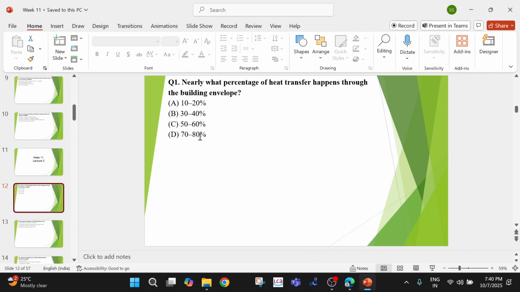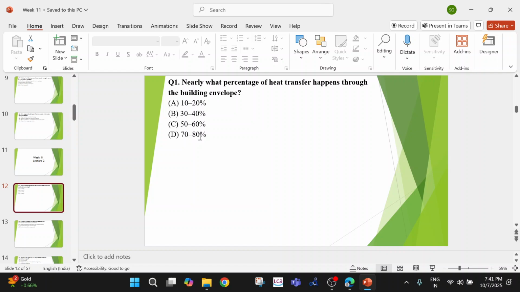That is option C. Building envelopes account for nearly 50 to 60% of total heat transfer. This is the fact or figure you can remember, and it also keeps on changing. If somebody is asking you how much energy consumption the building sector is responsible for, or how much of the total energy demand of the world is covered by buildings, then it's around 40%.